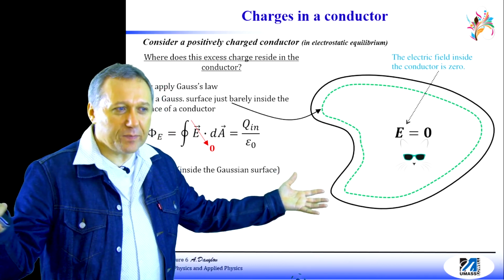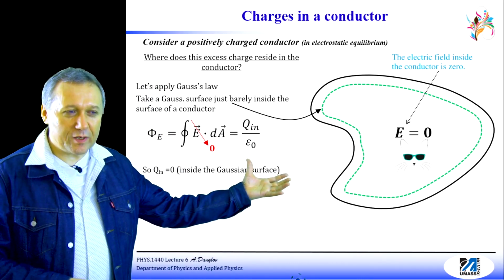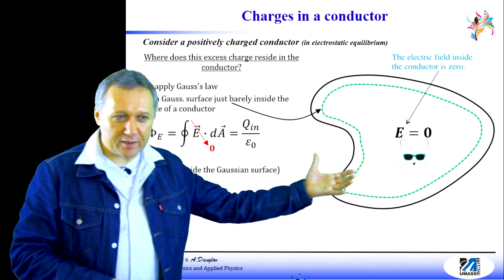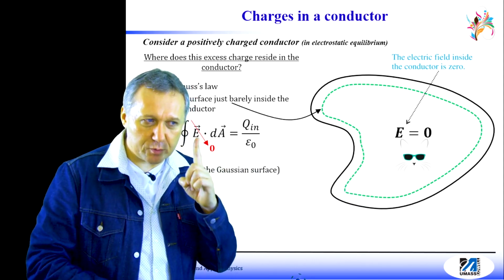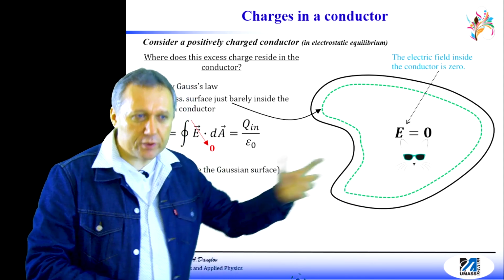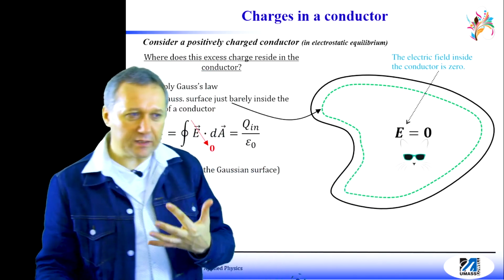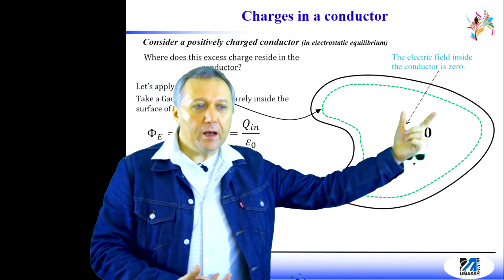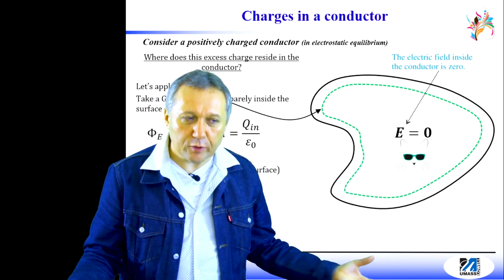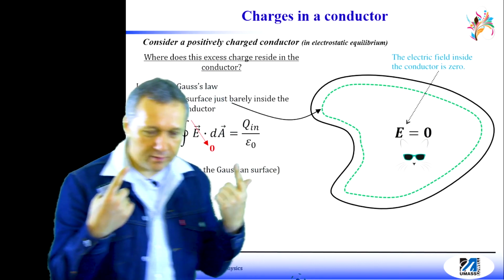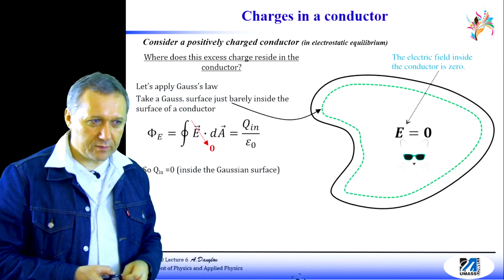Nature forbids it, right? Of course, there is a charge inside, but it's an equal amount of positive and negative charges. So overall, the internal part of the conductor is electrically neutral. We're talking about the excess charge, the positive amount of charge that we dumped.